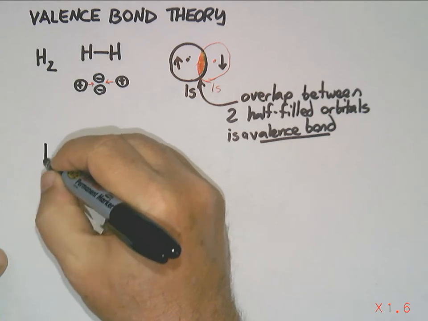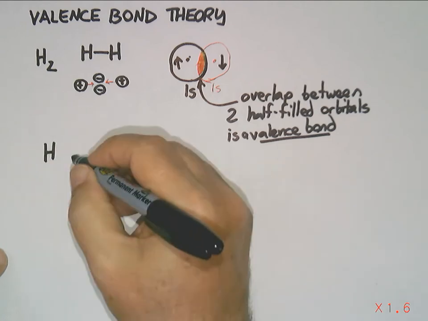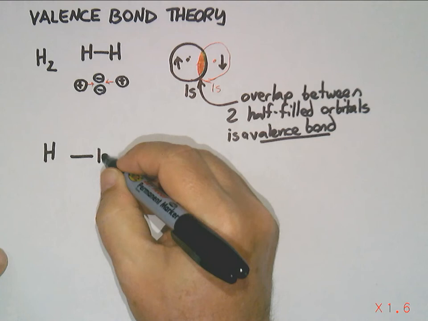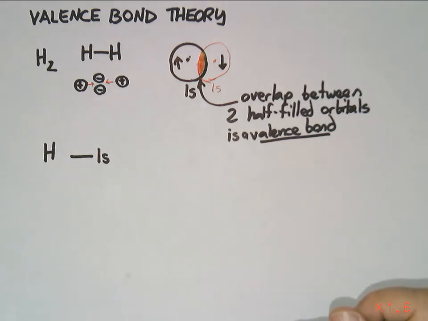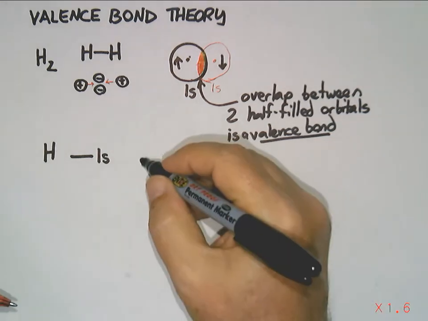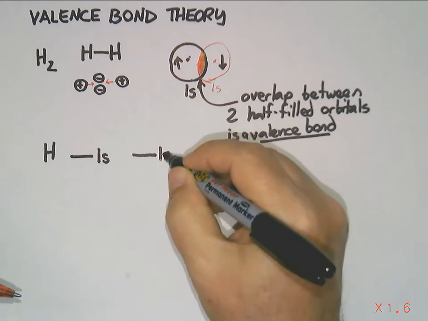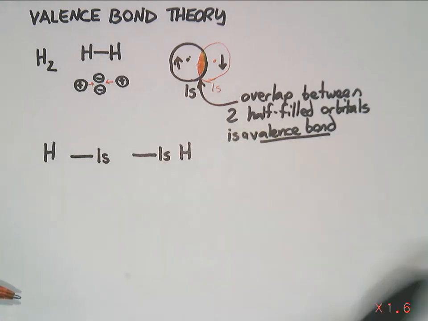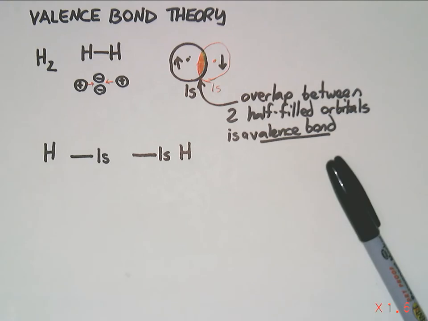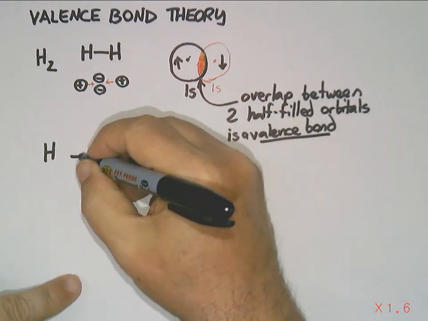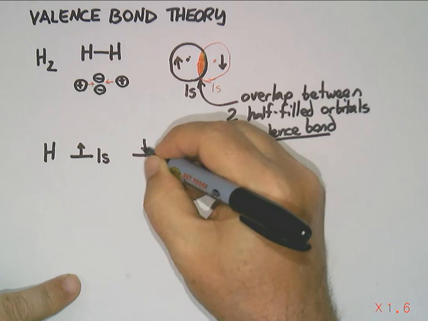Here's the energy level diagram for a hydrogen. Its ground state has the electron in a 1s orbital. Here is the 1s orbital for the other hydrogen. Now, this one has, say, a spin up, and this one has a spin down.